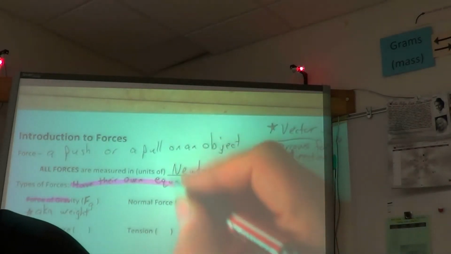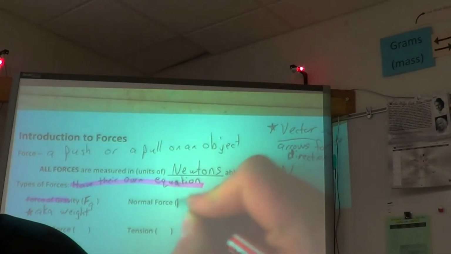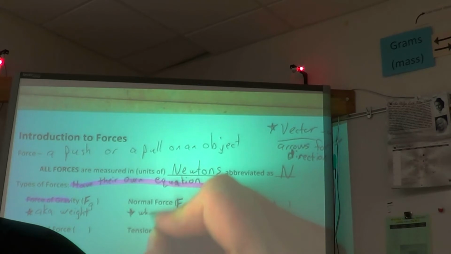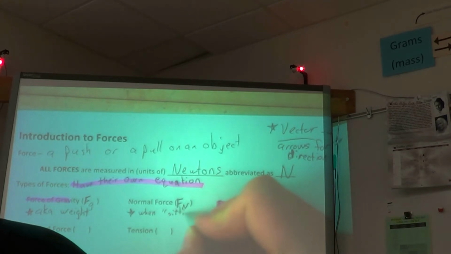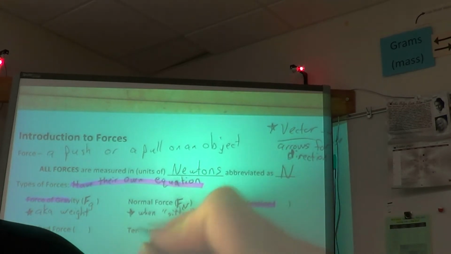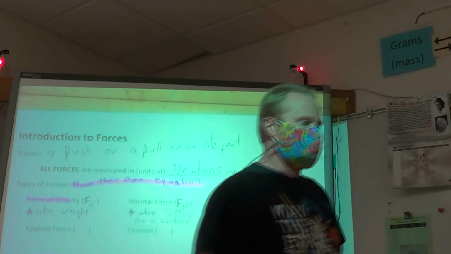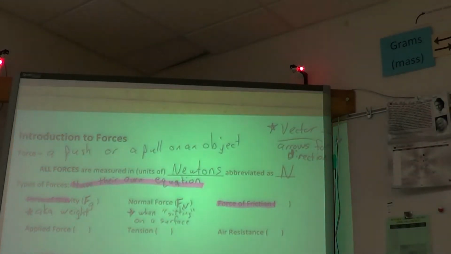Normal force is abbreviated F_N. And that force exists when, and I'm going to put this in quotes, it's sitting on a surface. So anytime an object is, quote, sitting on a surface, there's a normal force. I put that in quotes because it's not always sitting.